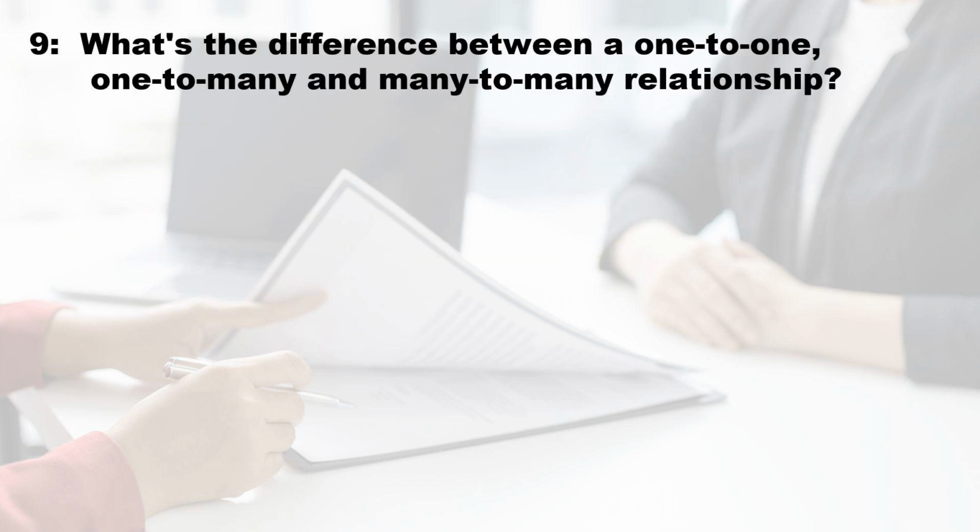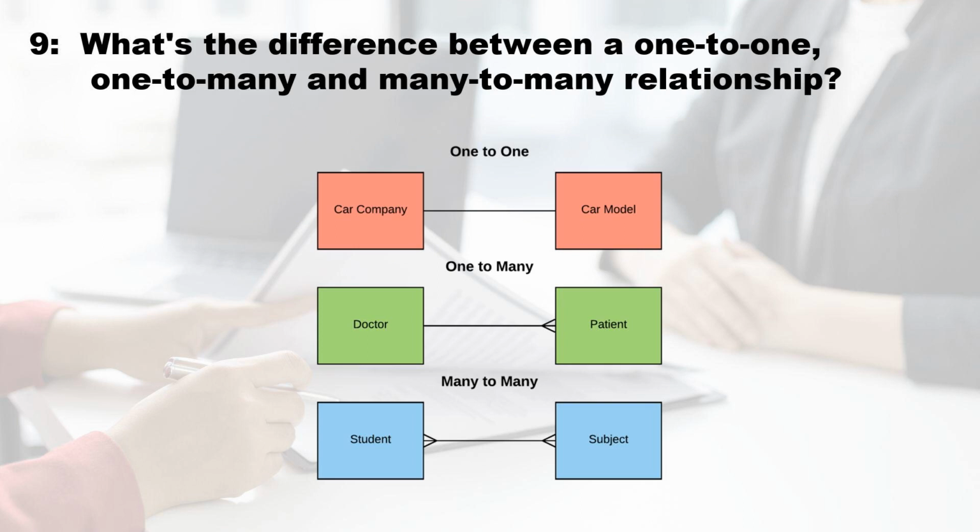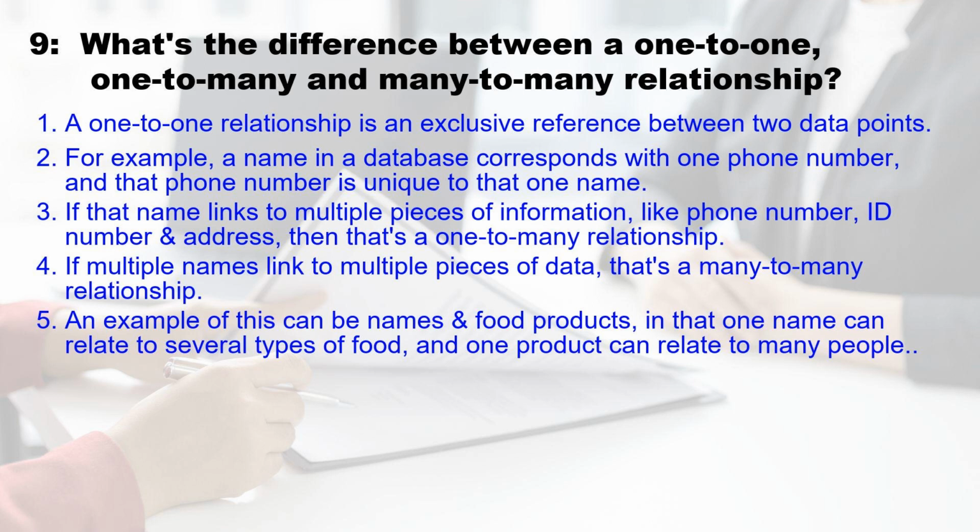Number 9. What's the difference between a one-to-one, one-to-many, and many-to-many relationship? A one-to-one relationship is an exclusive reference between 2 data points.